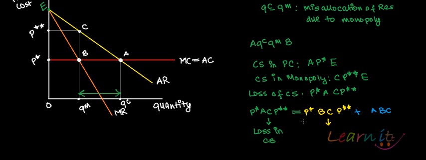At least someone is benefiting. If consumers are not benefiting because of this area, at least the monopolist is benefiting. So this is like income to monopolist.